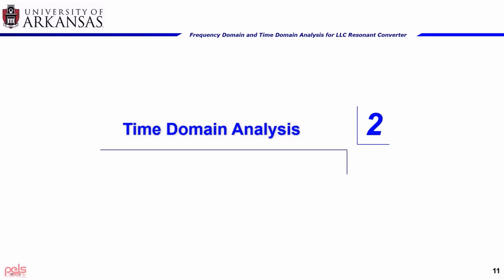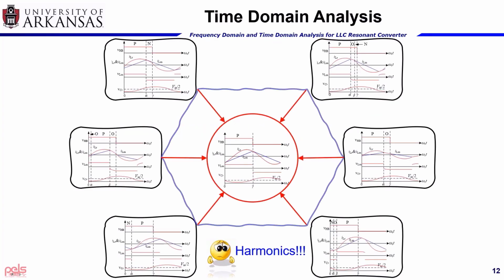Now, let's talk about the time domain analysis for an LLC resonant converter. Why do we want to talk about the time domain analysis? Well, if you look at the real operation waveform of an LLC resonant converter, you will see the reason. This shows the typical operation waveforms of an LLC resonant converter, but for frequency domain analysis, we assume the converter is operating at resonant frequency.